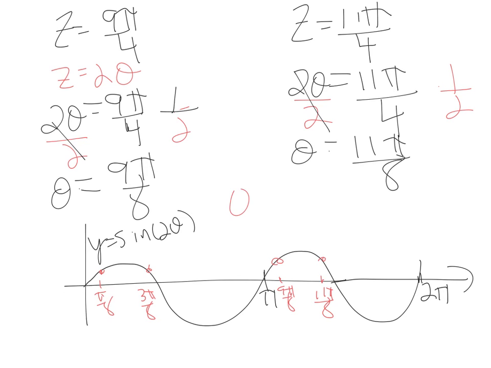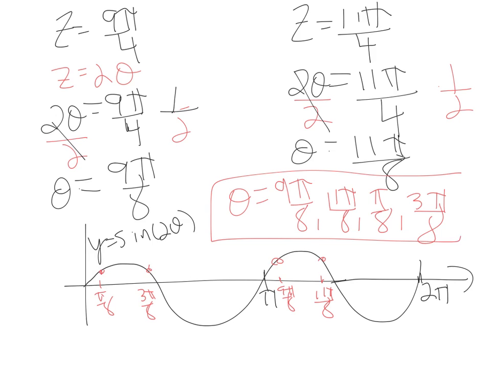So I've got my 4 answers now: 9 pi over 8, 11 pi over 8, which I just found on this page, and then pi over 8, 3 pi over 8. So that's why sine of 2 theta equals root 2 over 2 has 4 answers.